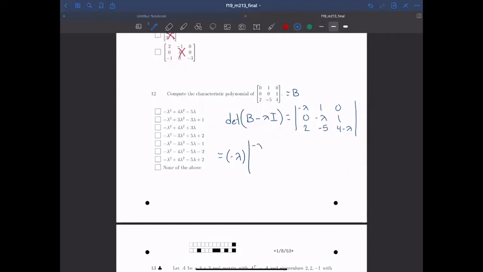So that's minus lambda, 1 minus 5, 4 minus lambda. And then 0 gives us nothing. Then we get a 2. Again, that's in a positive spot, so it's plus 2 times the determinant of 1, 0 minus lambda, 1. So I'm just going to take these determinants.